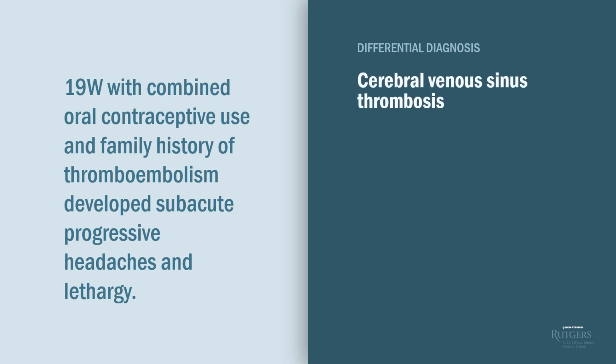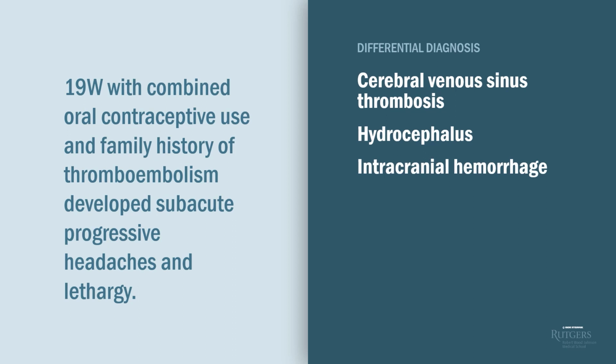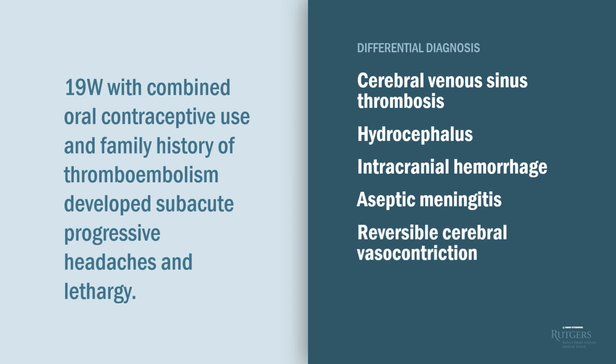Other disorders that present with signs and symptoms of elevated intracranial pressure are hydrocephalus, intracranial hemorrhage, mainly subarachnoid and intraventricular hemorrhage, and aseptic meningitis. The other disorders that can present with acute headache are reversible cerebral vasoconstriction syndrome and posterior reversible encephalopathy, or PRES.